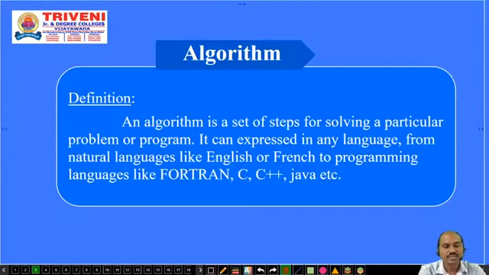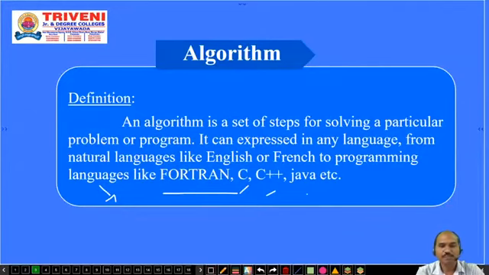All these algorithms can be implemented in different languages like Fortran, which means formula translation, C language, C++, and Java. For every language, we commonly use human language to write the algorithm before the program.